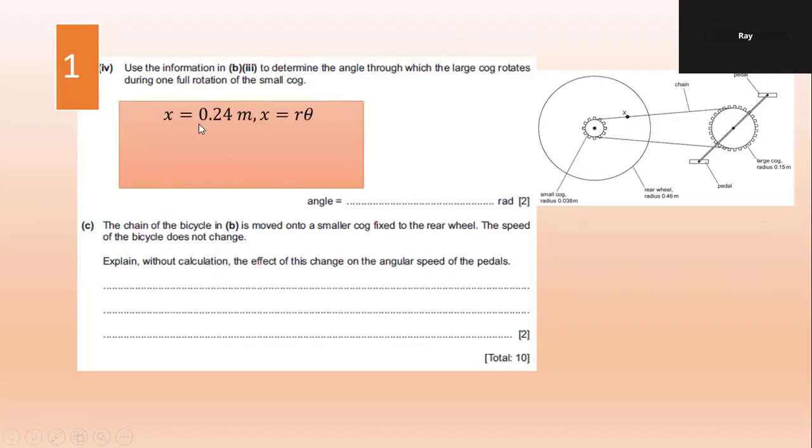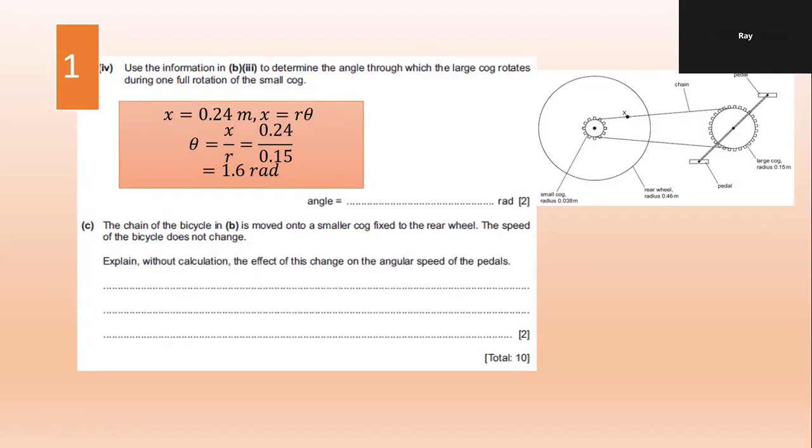That's very calculated. Your distance x, then you apply it to here. Your distance x is the arc there, with the radius of that wheel, then you can calculate your theta. That's the radius, 0.15. That's the distance moved we have calculated just now.